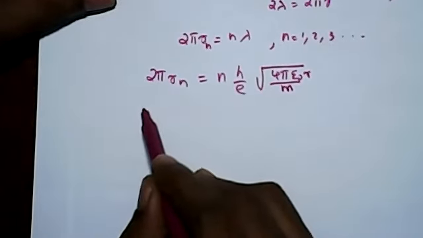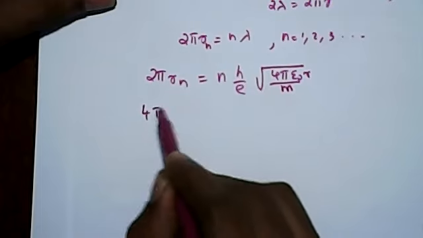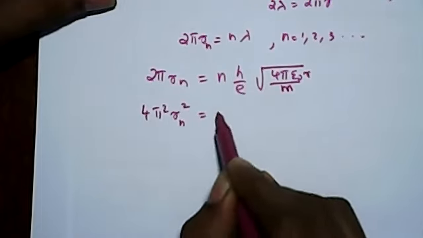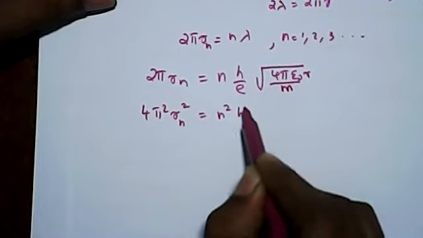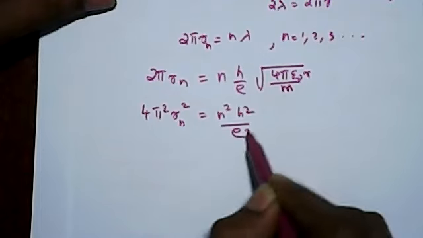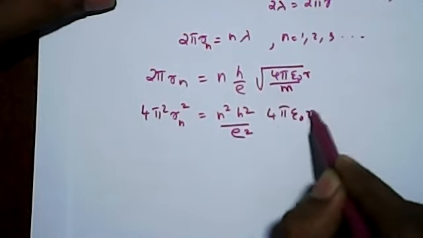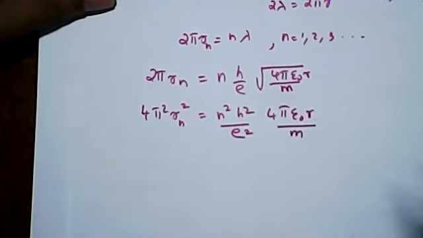Now simply square this. So you get 4 pi square rn square equal to n square h square by e square into 4 pi epsilon 0 r by m.